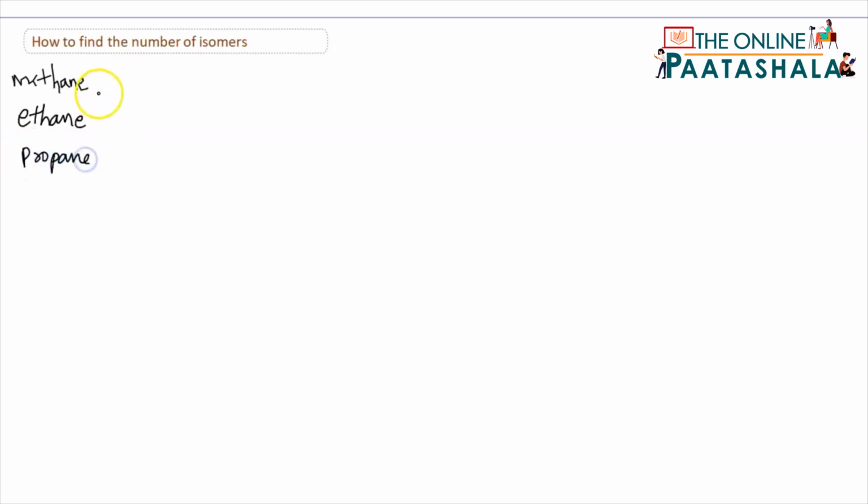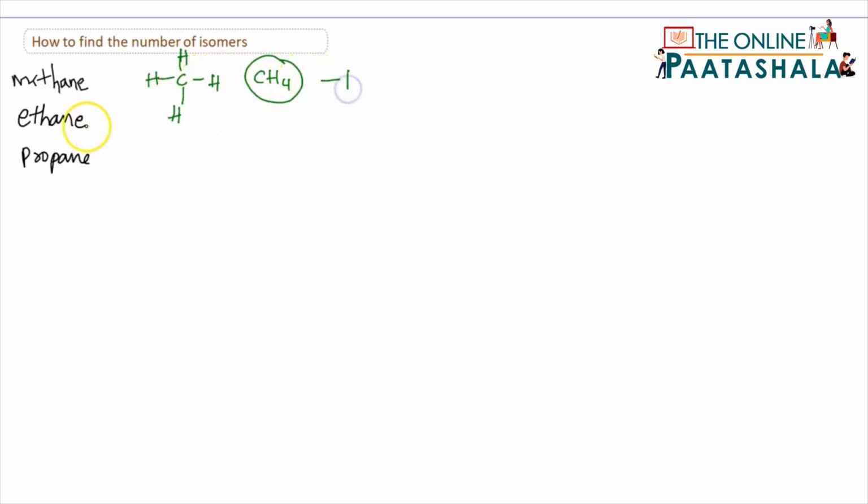First we'll see these. For methane, carbon with hydrogen, hydrogen, hydrogen, and hydrogen, the formula is CH4. The only structure that can be formed for methane is this. So what is the number of isomers?